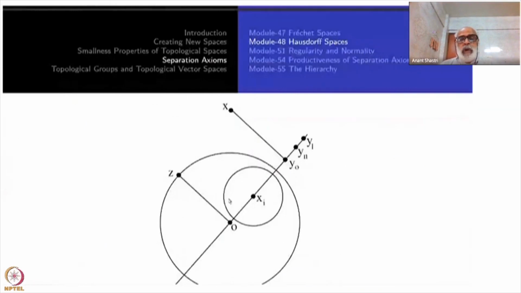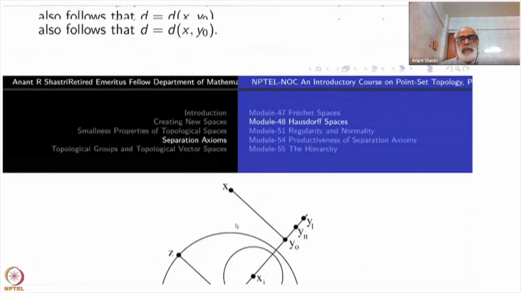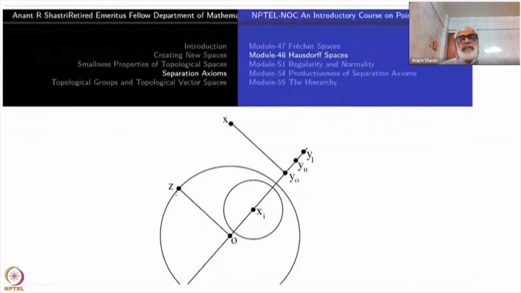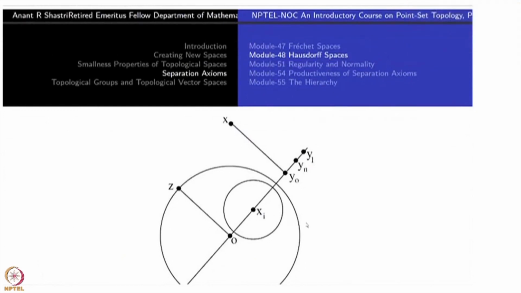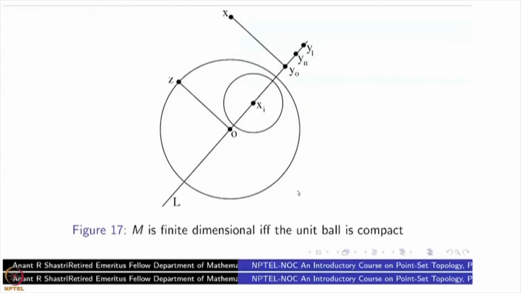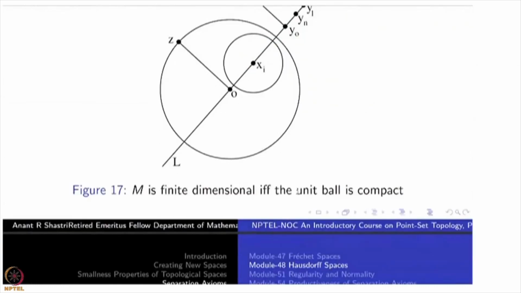One of these balls should contain z, but they are all of half radius, and z is away from them. So this is the contradiction, because L is not the whole space.